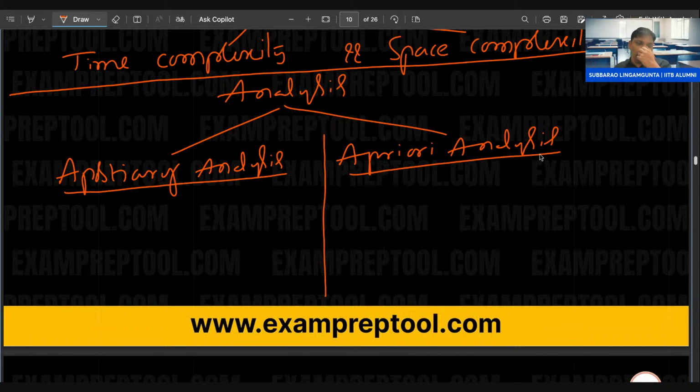Posterior analysis and priori analysis, there are two analyses. If you see the posterior analysis, this analysis is based on type of processor.